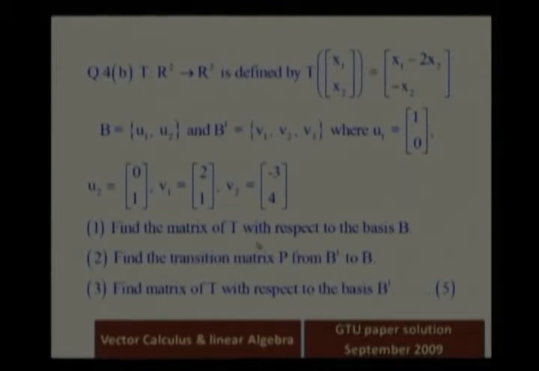Find the matrix of T with respect to the basis B. Okay. This B dash is only v1 and v2, not v3. So here is the correction. Find the matrix of T with respect to the basis B. So that is our first question.